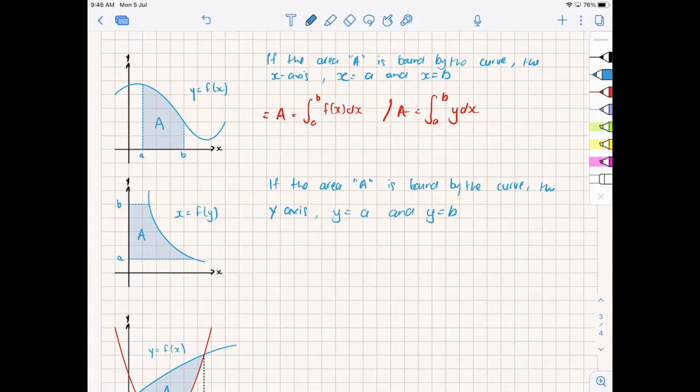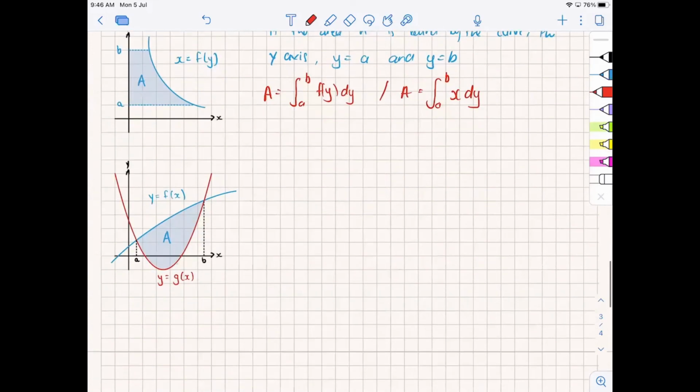We needed to change our equation into something different. So the area this time was the integral from a to b of f of y this time, because we need an equation x equal to, and this was with a tiny change in y, okay? Or alternatively, we could say the area was equal to the integral from a to b of x dy, because we needed an equation x equal to something. All right.